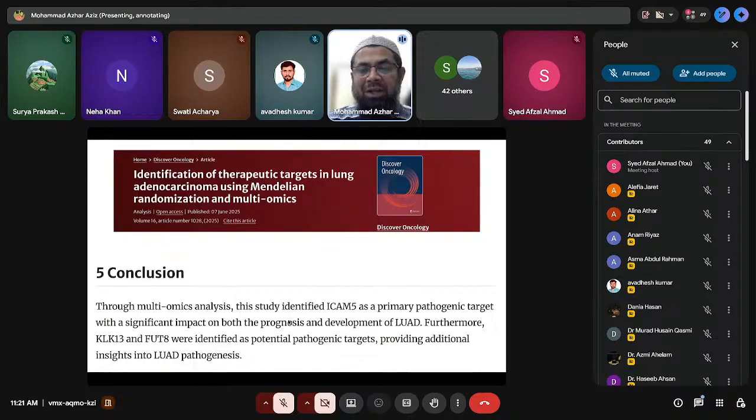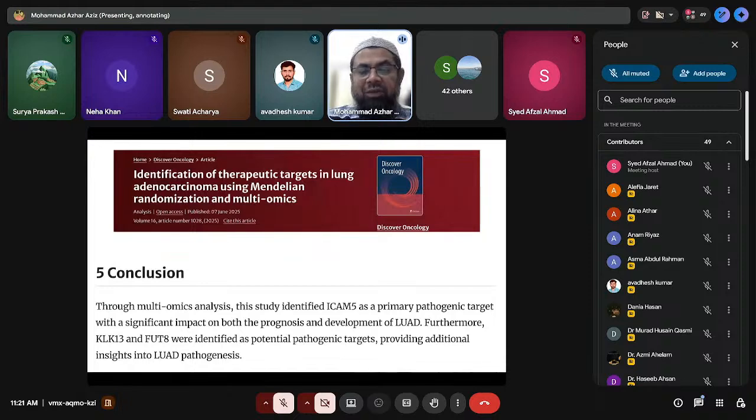So people are now acknowledging that yes, this is the right way to do it, but still we are not there. We still have to sharpen our tools to find out how to put the jigsaw puzzle together, because it is very, very complex. It is not as easy as we usually see. Through the multi-omics analysis, they found ICAM5 as a primary pathogenic target in lung cancer, and it had a significant impact on how the disease was going to progress and how it was going to respond to the drugs.